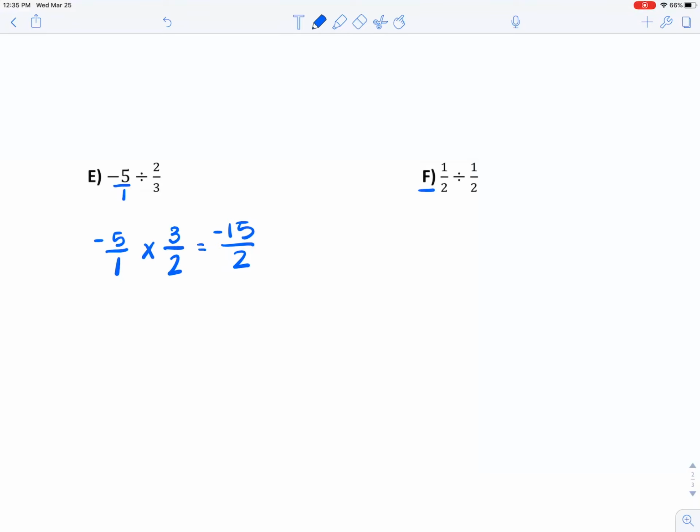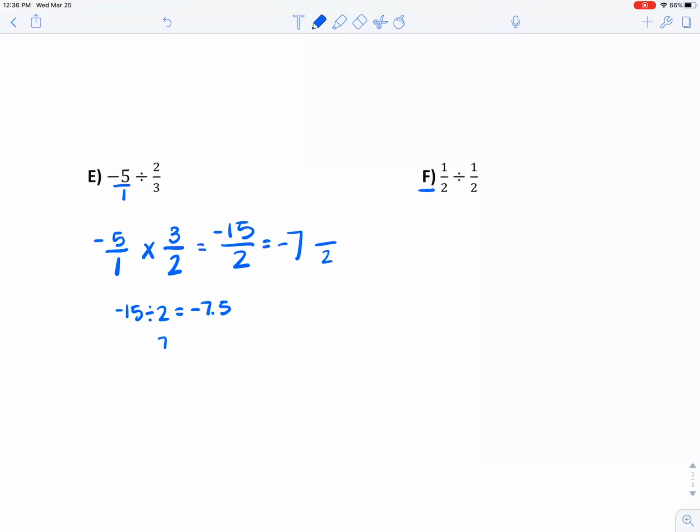All right, if I want to see how many 2's fit into 15, I can do negative 15 divided by 2, which is negative 7.5 if you use a calculator there. So we know that that is going to be negative 7 and a certain number of 2's left over.